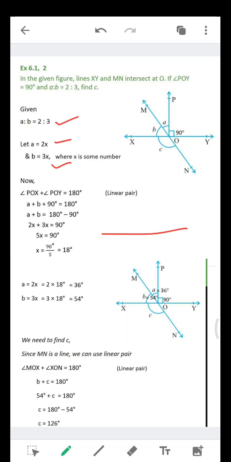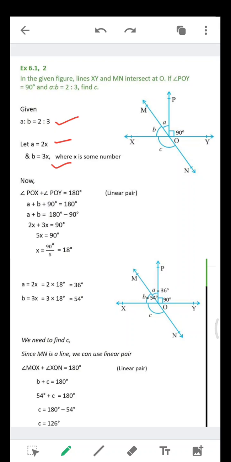Whenever we have angles on a line, whatever may be the number of angles, the sum of all those angles will be equal to 180. So always remember this.